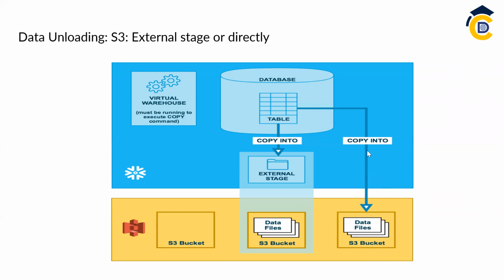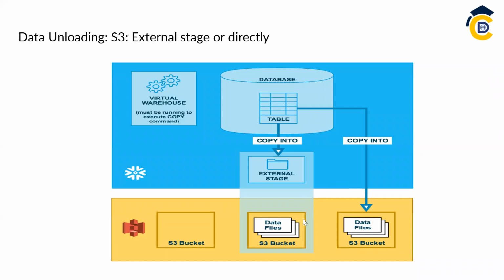Remember, if you go and look at the recordings, you will see that when the S3 bucket is publicly accessible, that means anybody who has the path of the S3 bucket can access the data stored in it, either files or images or any other videos, audios, whatever it is. But if it is not public, then you need an external stage in between and other authentication integration objects in between, right?